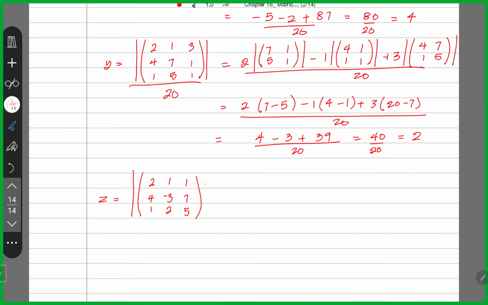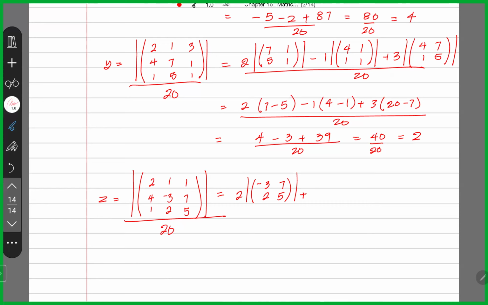And this is over 20. So this becomes equal to 2 times the determinant of minus 3, 2, 7, 5.